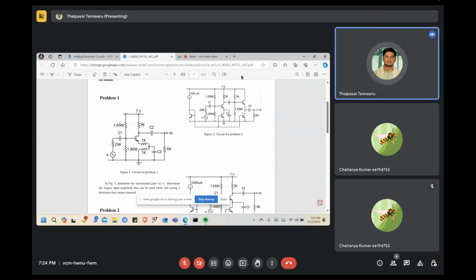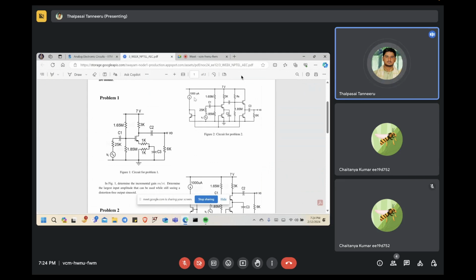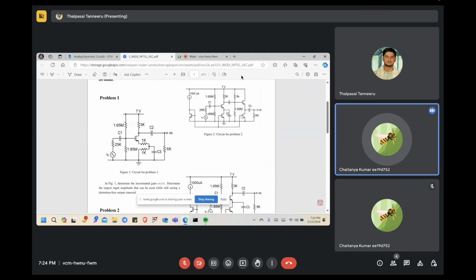This one. Sir, this one is a common source, no, sir? Common source. And where is the input going, to the gate of this lower transistor? Where is the input? Sorry, 100 microamperes is coming here. No, you need to find Vout by Vin, right?